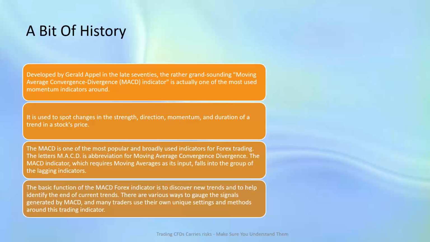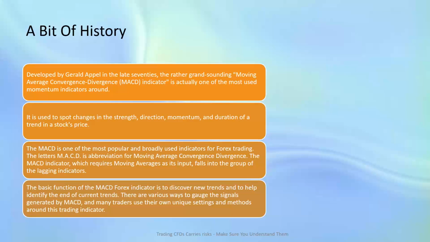As online forex trading began to grow, MACD became one of the most reliable and popular indicators in the forex market, because it works extremely well in fast-paced markets and short time periods. It has become one of the most accepted, reliable indicators that we have.